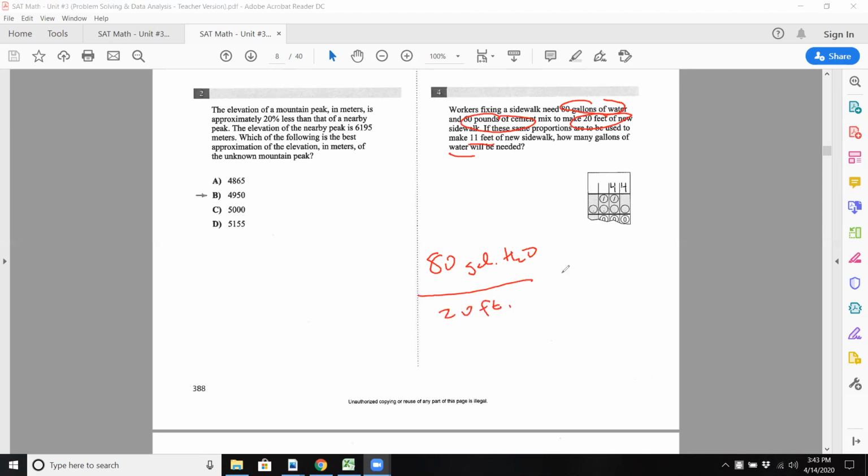So the cement is actually not really needed. So X gallons of H2O is 11 feet. Cross multiply, 880 equals 20x. You just get 44. So that's another kind of ratio type problem you can see.